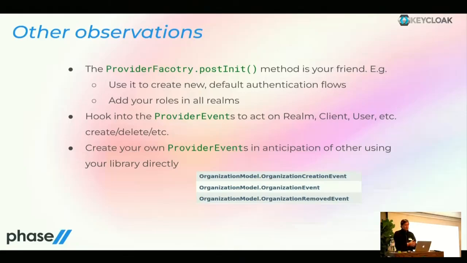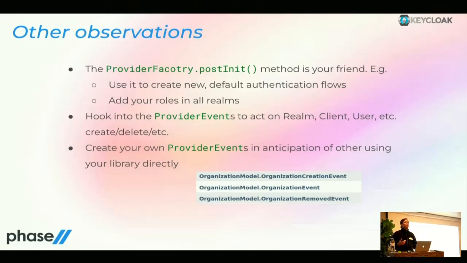But some of the other observations that we made that I wanted to share is that we did, I spelled factory wrong. The post-init method, we do a lot in there to make sure that the defaults to the user require less setup. And so what do I mean by that?